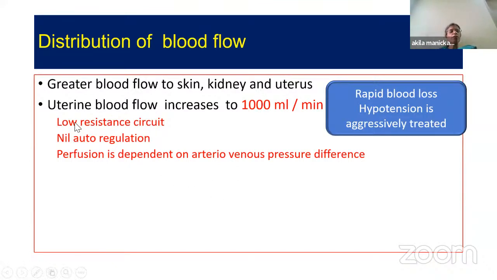So the one point to remember is that your uterine circulation has nil autoregulation. And so whenever there is even a 5 to 10% fall in your MAP or your systolic blood pressure prior to the delivery of the baby, it is very important to treat the hypotension vigorously. In addition, the blood supply to the uterus is around 1000 ml per minute.